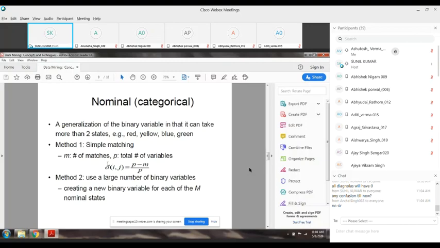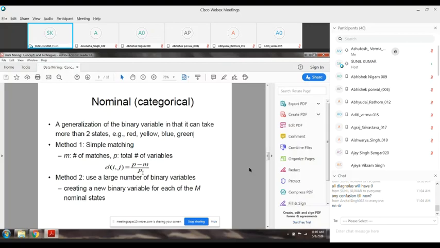Now into this, if we want to find the similarity or matching kind of thing, we have two methods. The one is simply called the simple matching method. So what we are going to do with this simple matching method is, here it is showing that the similarity between two objects i and j can be calculated by p minus m upon p.